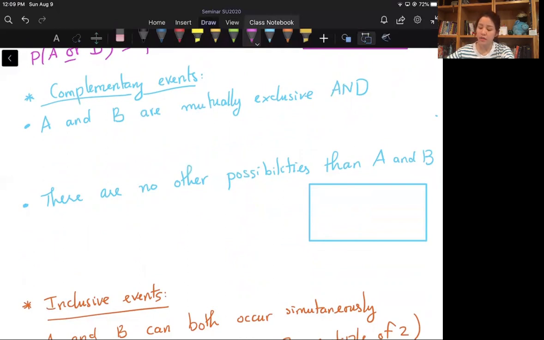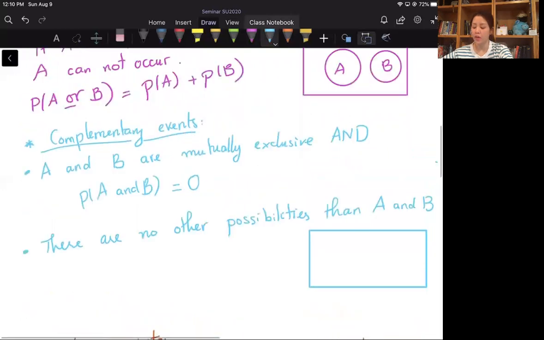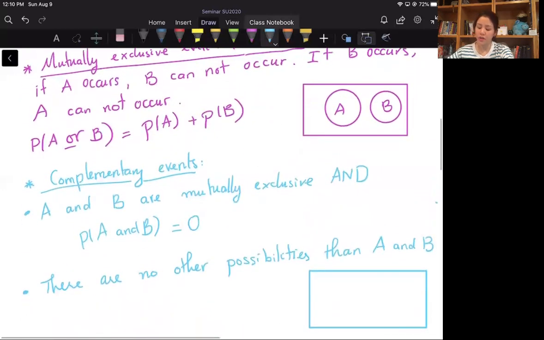That means P of A and B is equal to 0 when events A and B are disjoint, because there's no intersection there.